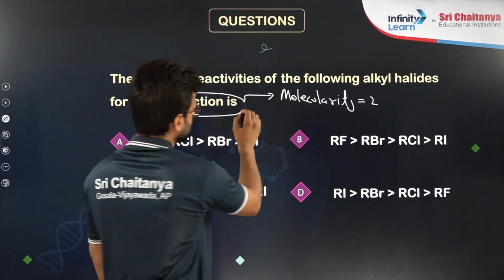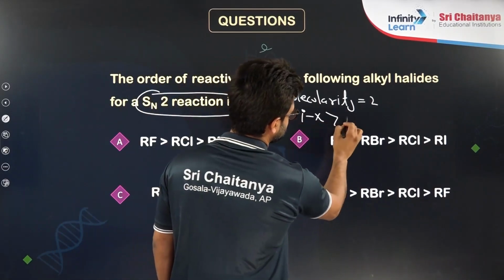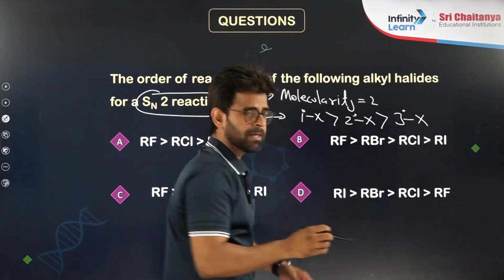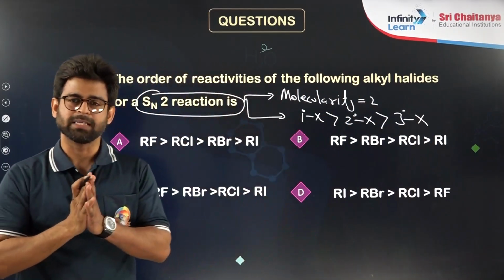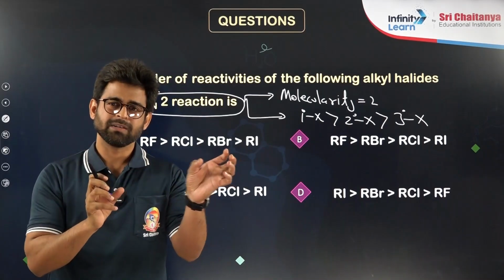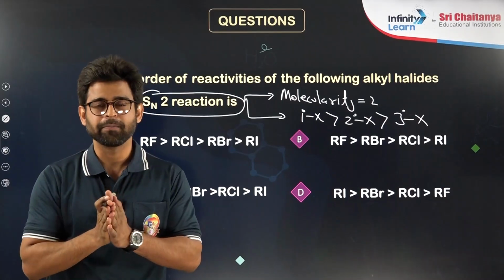Now the reactivity order is primary halide, then secondary halide, then tertiary halide, because of the steric hindrance factor, steric crowding. The outgoing nucleophile will go and the incoming nucleophile will come at the same time.